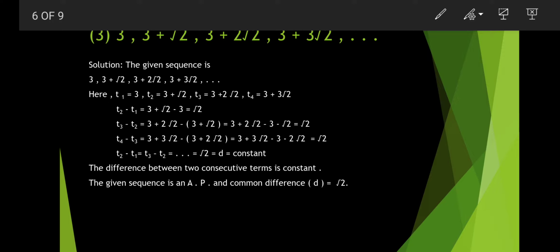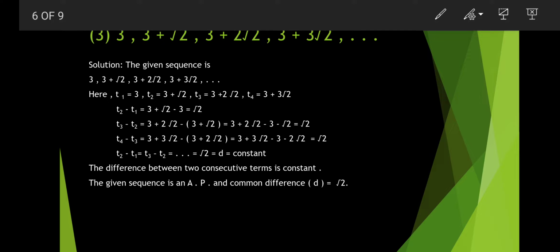Third question, the given sequence is 3, 3 plus root 2, 3 plus 2 root 2, 3 plus 3 root 2. So here T1 is 3, T2 is 3 plus root 2, T3 is 3 plus 2 root 2 and T4 is 3 plus 3 root 2.